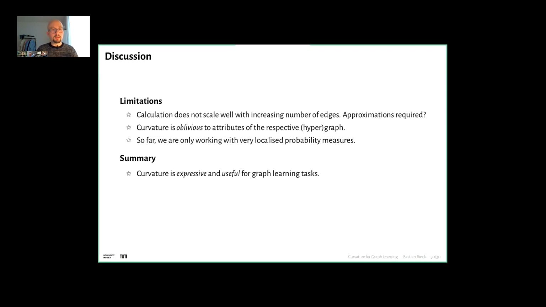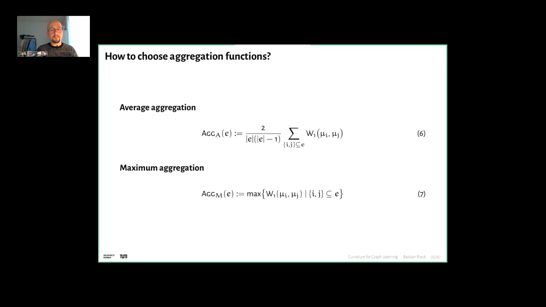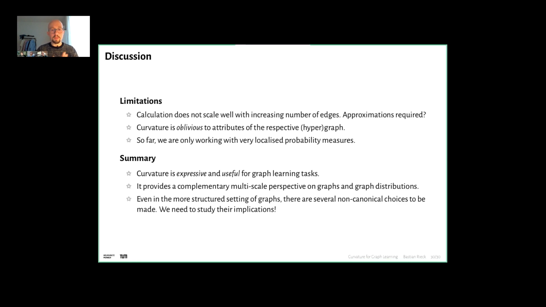So for instance, sorry for the jumping, if we look at this representation here, or at the maximum aggregation, if all your hyperedges are normal edges of a graph, then these will automatically become the usual Ollivier-Ricci curvature expressions. I'm not sure whether this is what you were looking for, but in this sense, the two concepts are at least somewhat related.